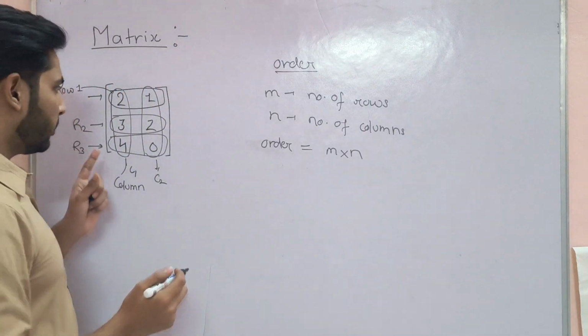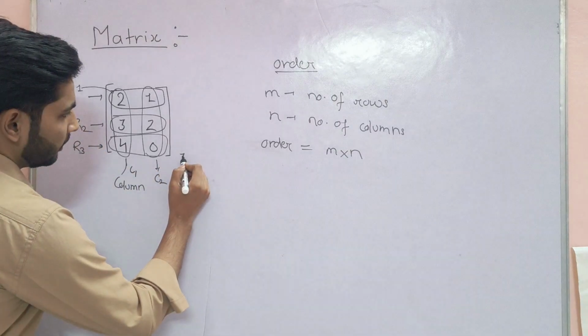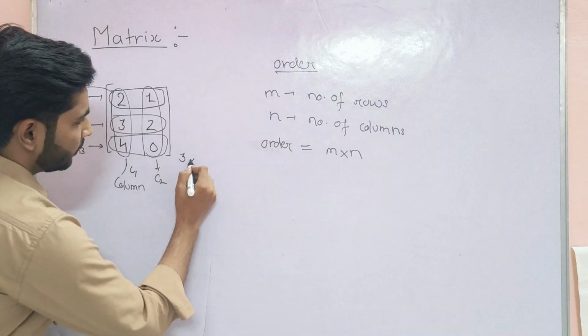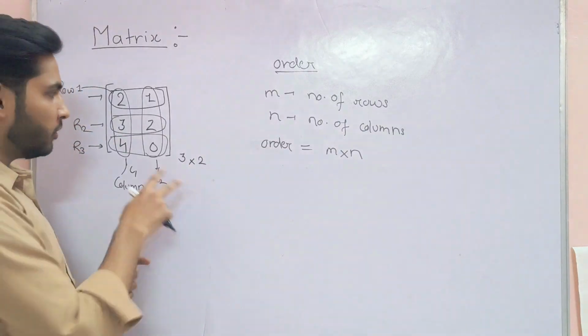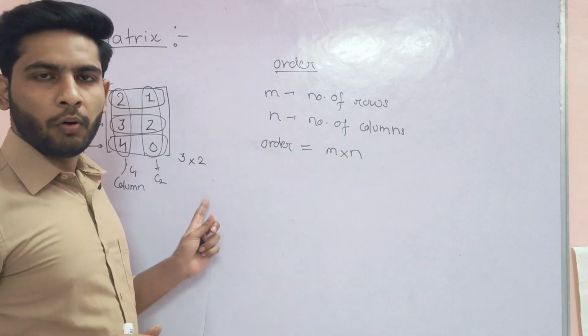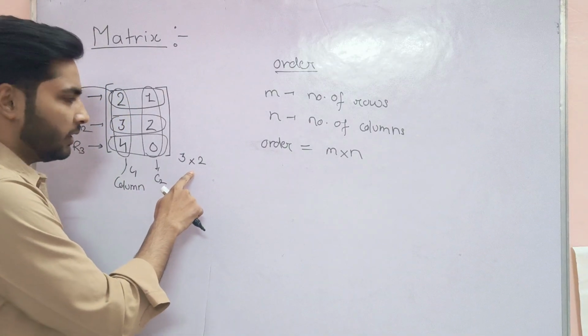So what is the order of this matrix? So we simply count the number of rows. There are 3. And how many columns are there? 2. So 3 cross 2 is the order of this matrix. We can read it either 3 cross 2 or 3 by 2. It is not a multiplication sign, it is just a cross.